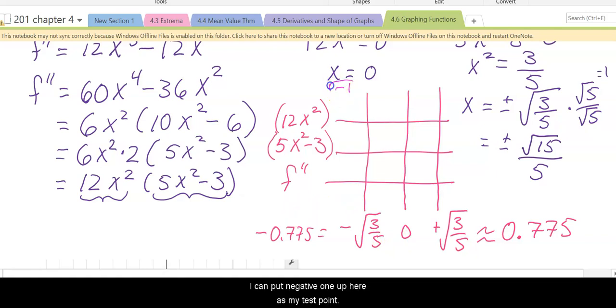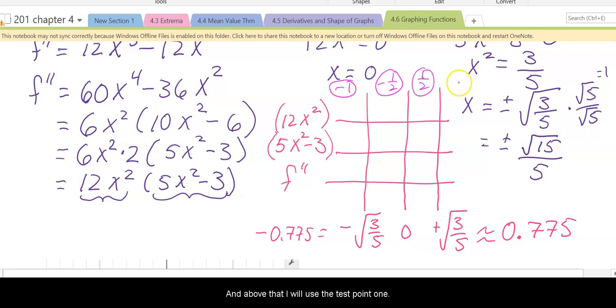I can put -1 up here as my test point. Between -0.775 and 0, I would use -0.5 or -1/2. You can write it in either format. Between 0 and 0.775, I'll use 1/2, and above that, I will use the test point 1.